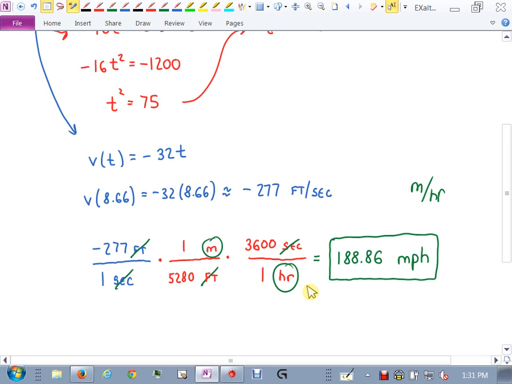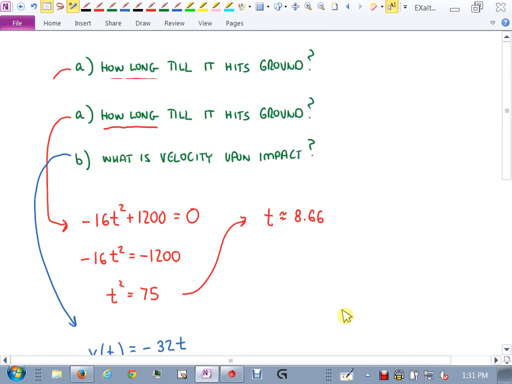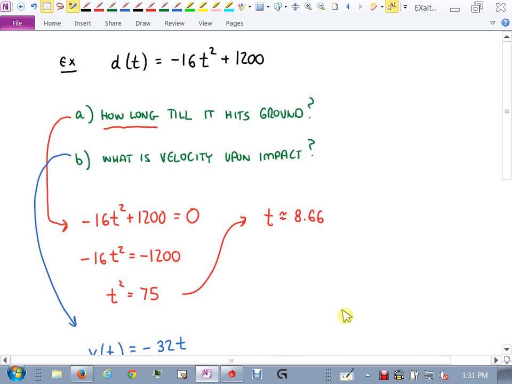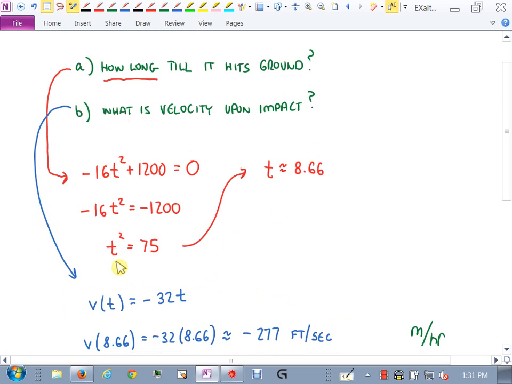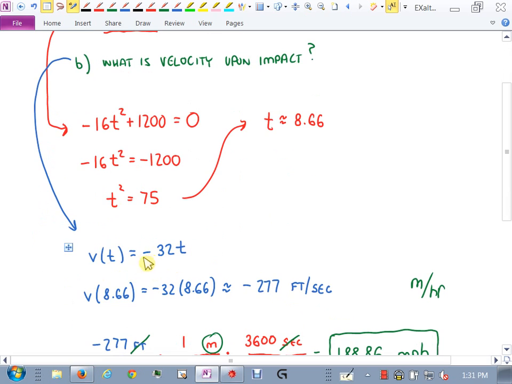Okay. Now, the reason why I do this example is that I do the same example in college algebra, except I just tell them what the velocity function is. I don't show them where it came from.